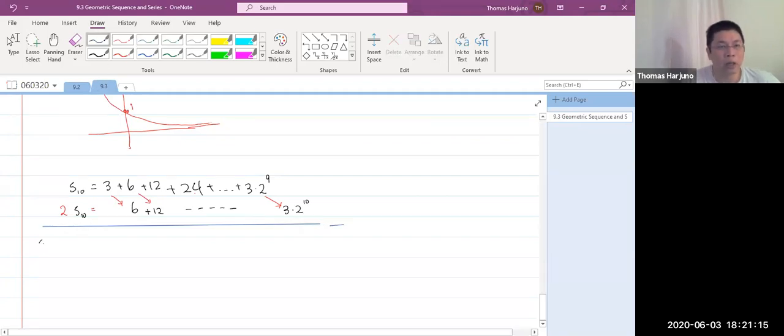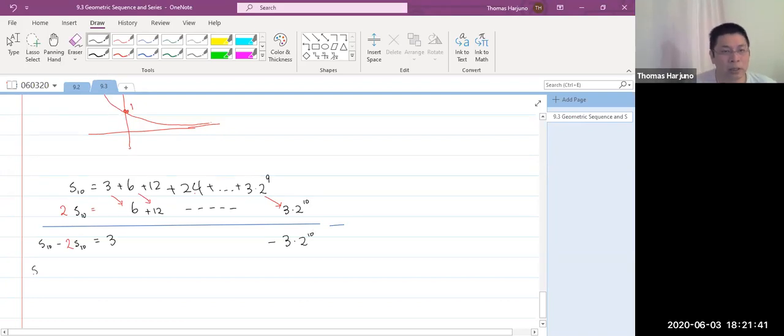Then I will get S10 minus 2 S10, because 2 is the ratio. Now on the right-hand side, when I subtract, I will get 3, which is the first term, minus 3 times 2 to the 10.